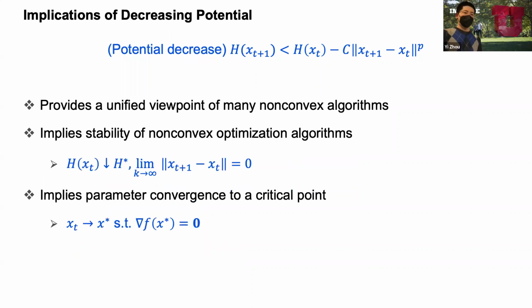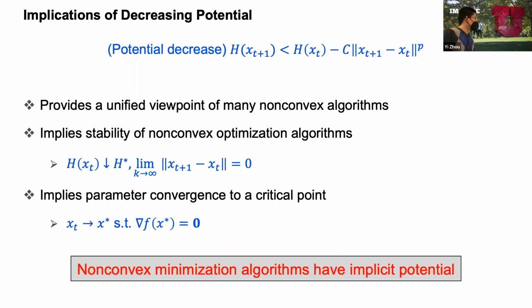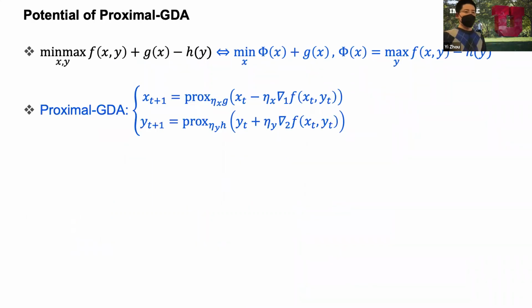So, to summarize, for classic minimization algorithms, we prove their convergence following this roadmap: we find a potential function, prove that it is monotonically decreasing, and then do the rest of the job.